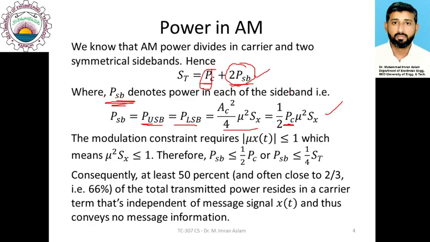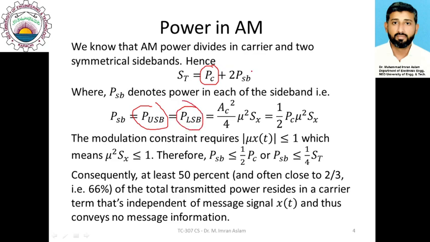So you can see that the overall power in the AM signal comes in three parts. One is the carrier power, and there are two sidebands, upper sideband and lower sideband, so there are two sideband powers. But we know that for modulation we generally try to keep mu less than 1.